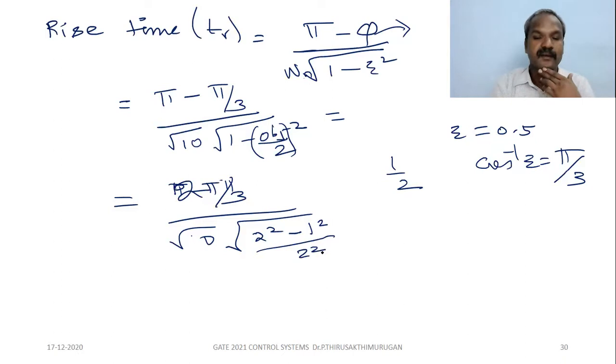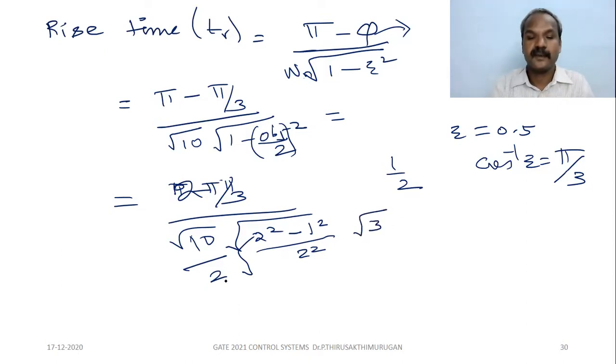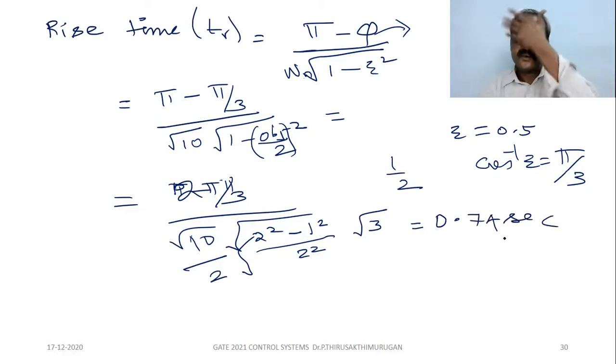Applying the root, 2 square is 4, 4 minus 1 is 3, so root 3, divided by 2. So we will be getting around 0.74 seconds. This is the rise time.